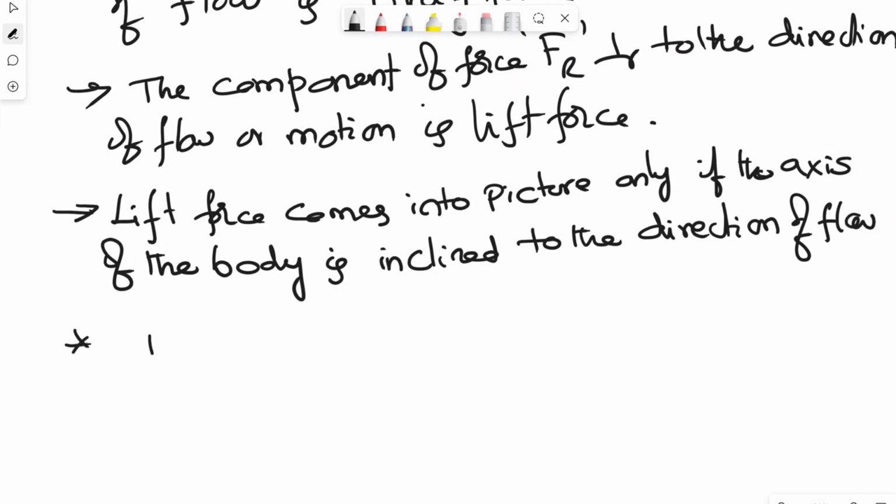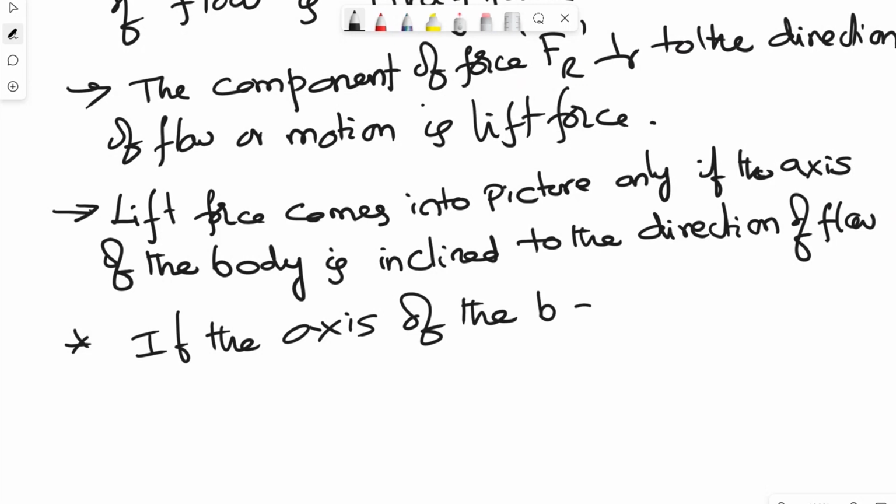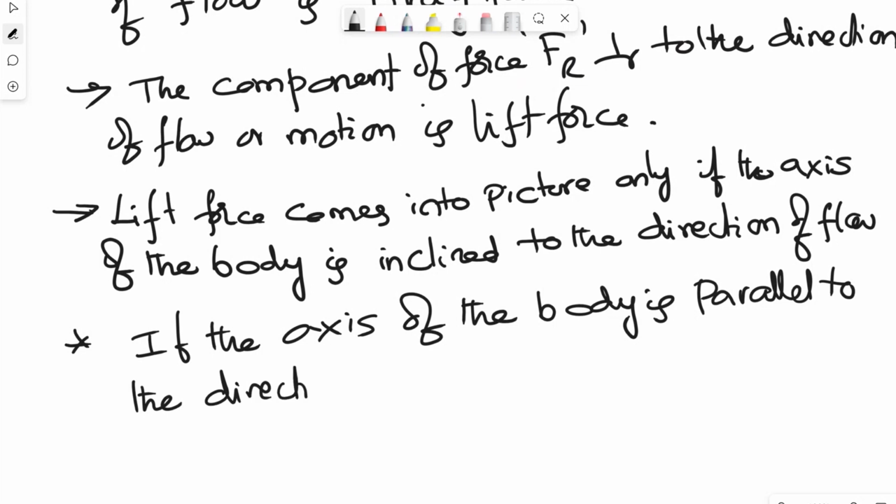Suppose the axis of the body is parallel to the direction of flow, then lift is equal to 0.